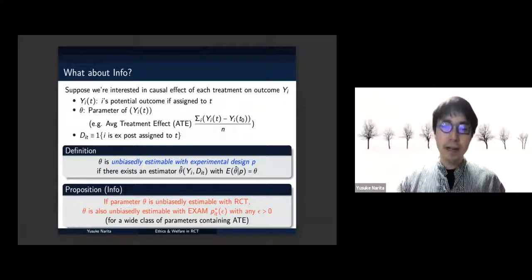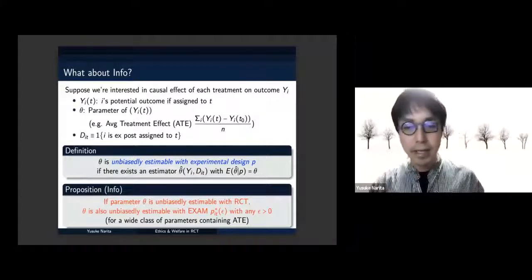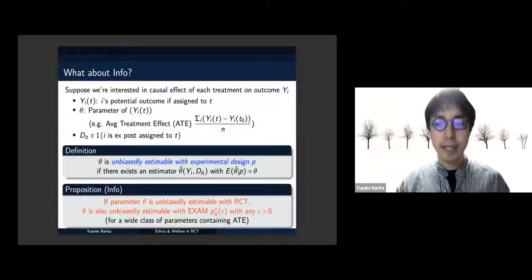So therefore, the first observation is that EXAM is no worse than RCT in terms of the set of parameters unbiasedly estimable with each experimental design.